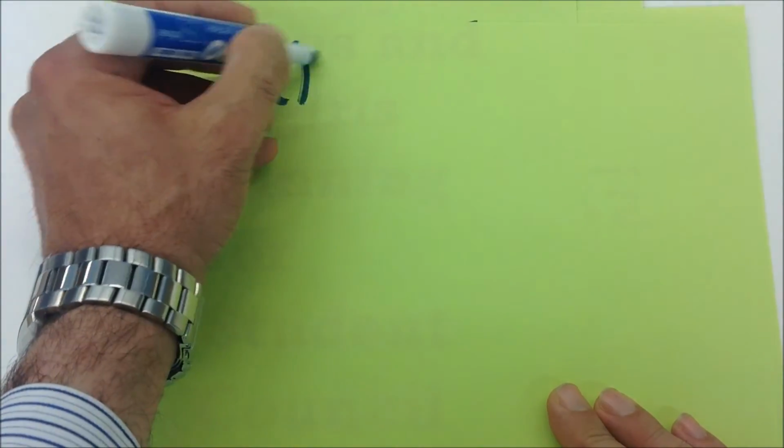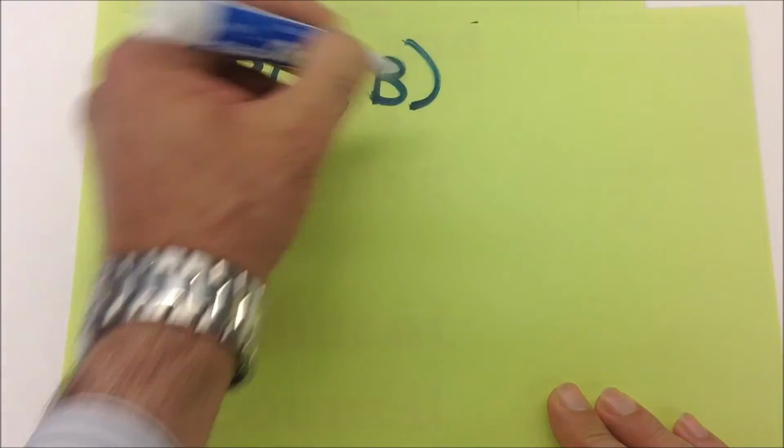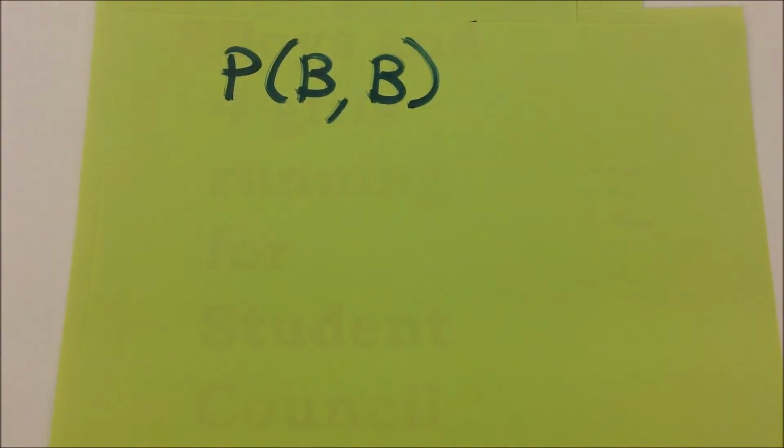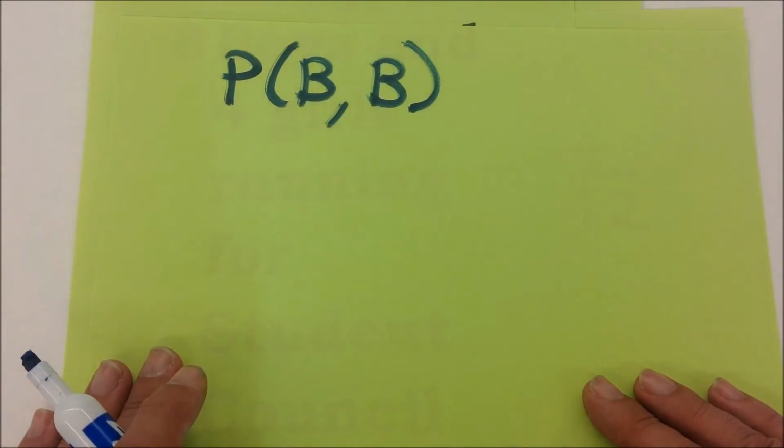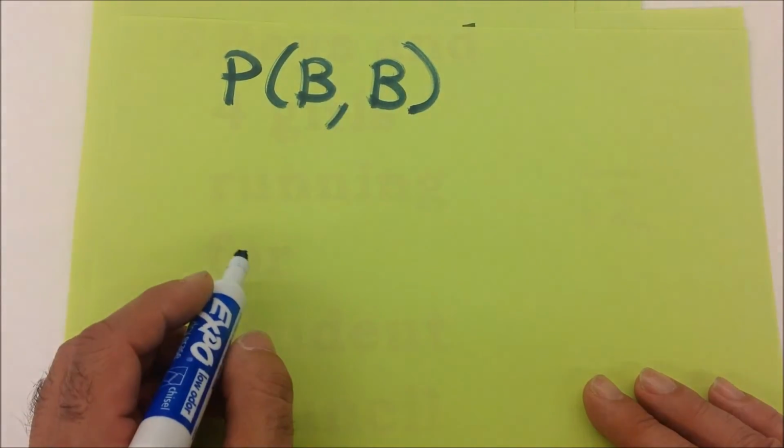So we know, let's say we want to know the probability of picking a boy and another boy. Now this is a dependent event, we know, because if we're picking 2 boys, we're not going to replace 1 boy if we want 1 boy to be president and 1 boy to be vice president and so forth. So we know it's dependent, and we also know it's conditional because we have 2 of the same items.